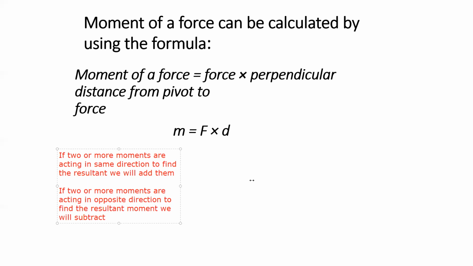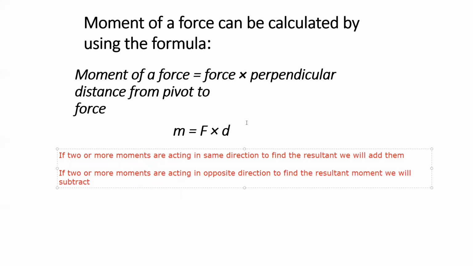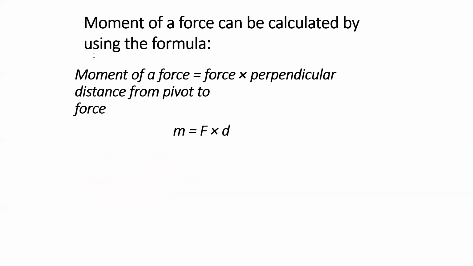So if we want to find the resultant moment, it depends on which direction the moments are acting. If they're acting in the same direction, we will simply add them. If they're acting in opposite directions, we will subtract them. I will give an example so you will understand.